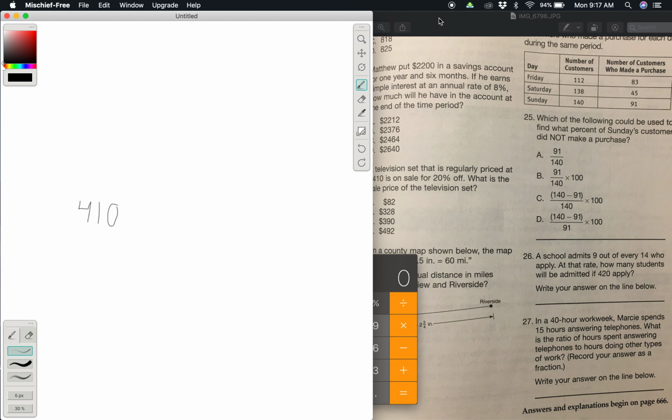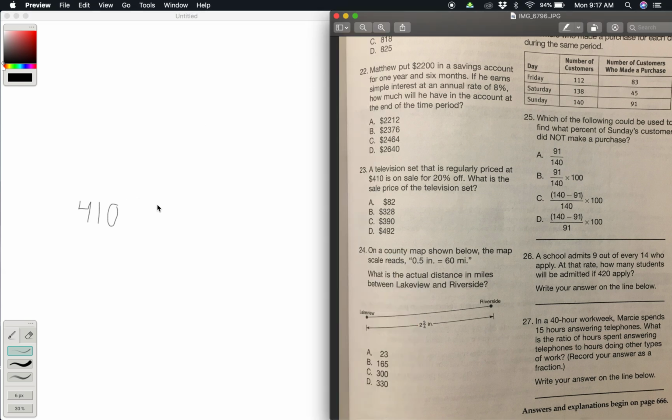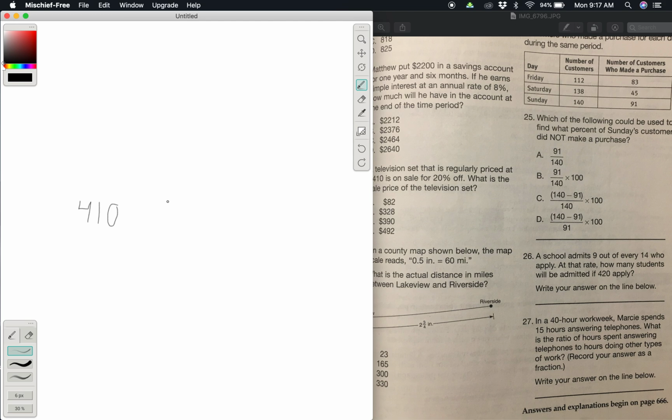Right now it is 20% off, and we know a percentage is always out of 100. So 20% off, and we know that this is going to be 100.